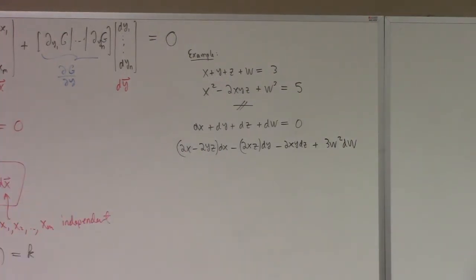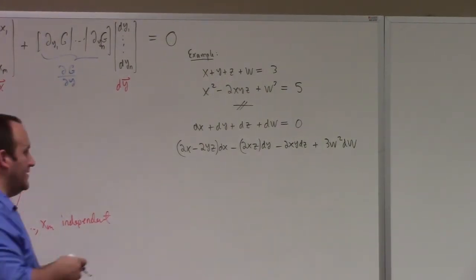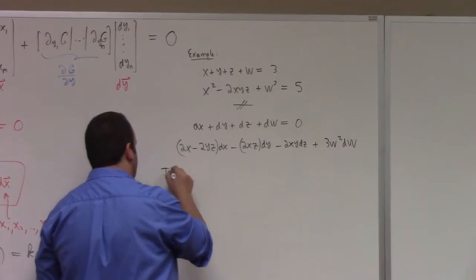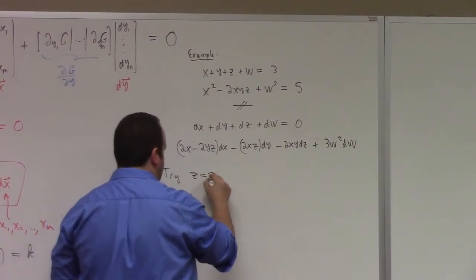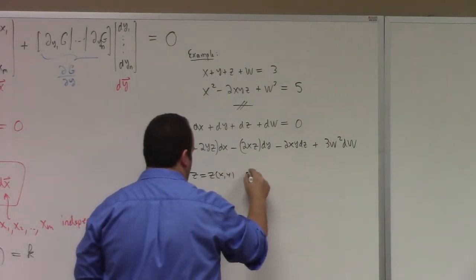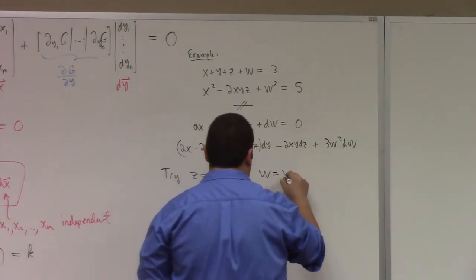And then you can pick, do you want to write x and y as functions of z and w? Do you want to write z and w as functions of x and y? Tell you what, I'm going to write z and w as functions of x and y, because that just seems like a natural thing to do. So we'll try z equals z of xy, and w equals w of xy.